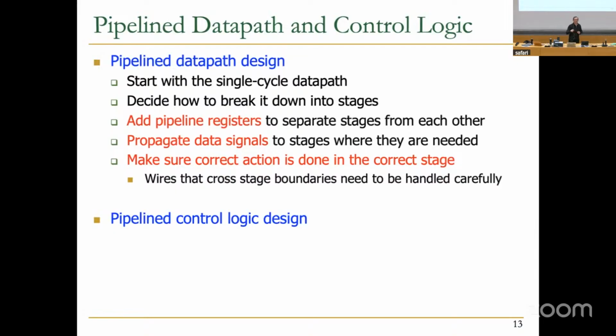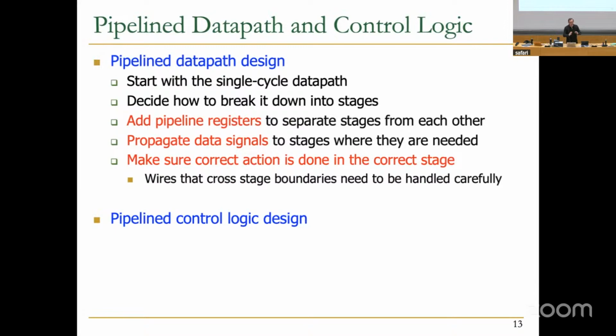For example, when we're writing the ALU result to the register file, there's a control signal that says you need to write to the register file. That control signal should be generated in the right stage, right? Meaning the instruction that's in the write back stage should be able to write to the register file and not the instruction somewhere else. Okay, this will also be more clear when we actually go through the design.